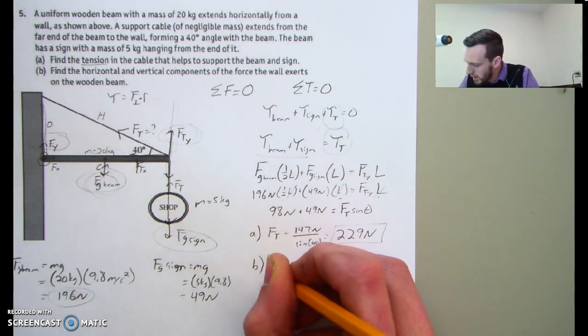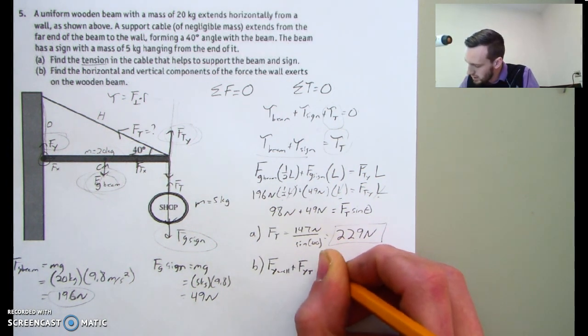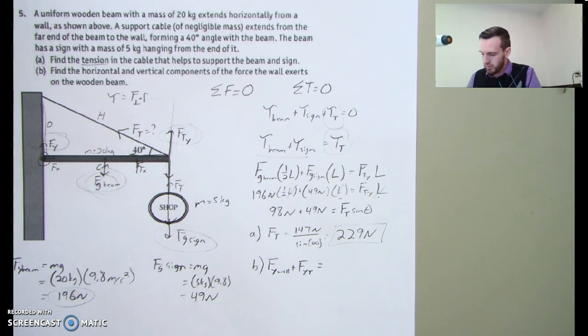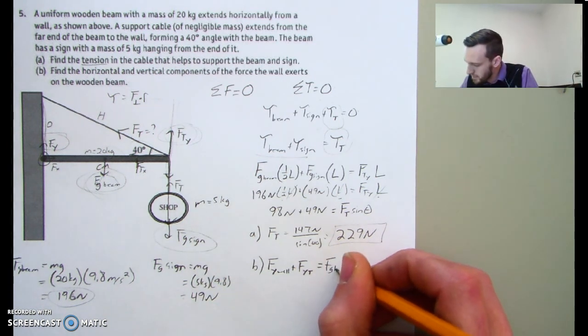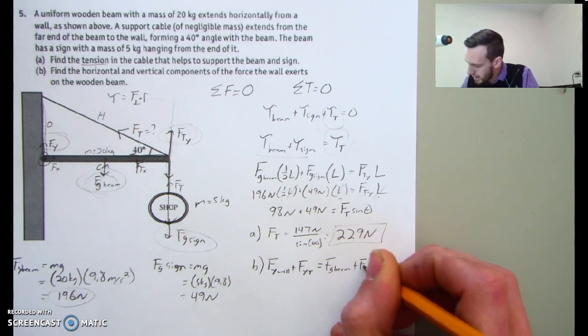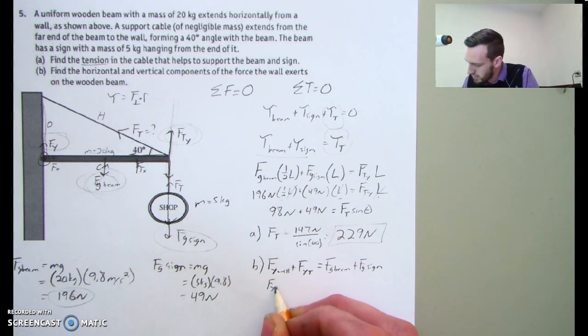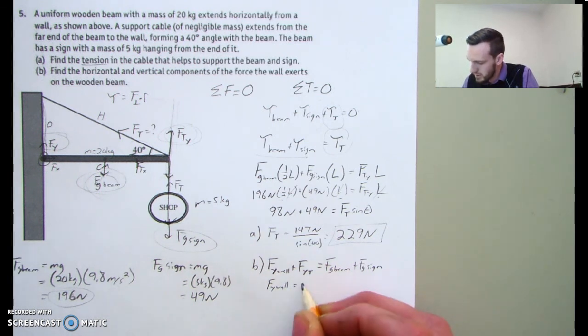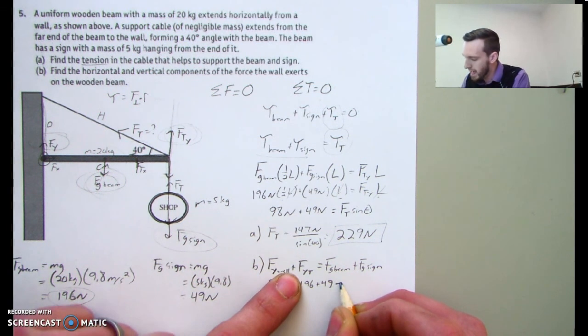So Fy of the wall plus Fy of tension equals, those are the two upward forces, they have to add up to the same total force as Fg of the beam plus Fg of the sign. Okay, so Fy of the wall is what we're solving for. Fy wall equals, let's see, Fg beam was 196, plus Fg of the sign, which was 49, minus Fyt.